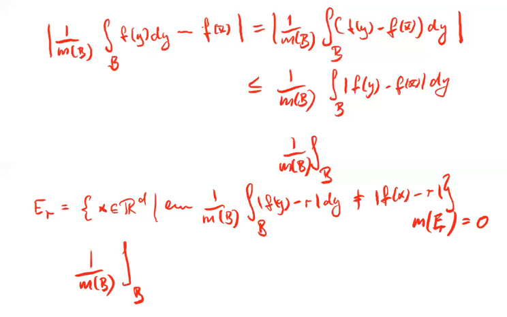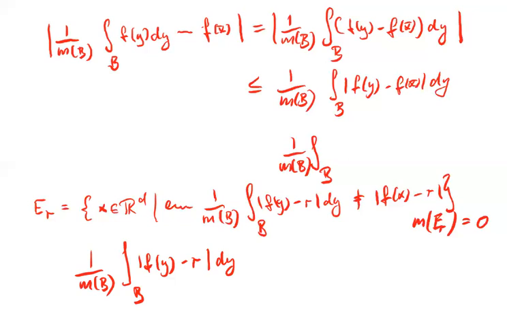B, f of y minus r, dy. Yeah, that term. Why is that less than epsilon?